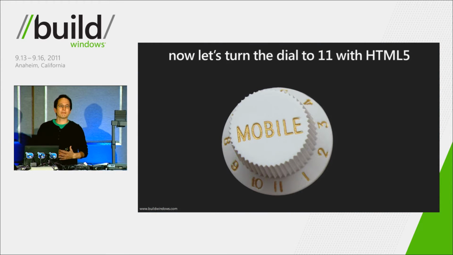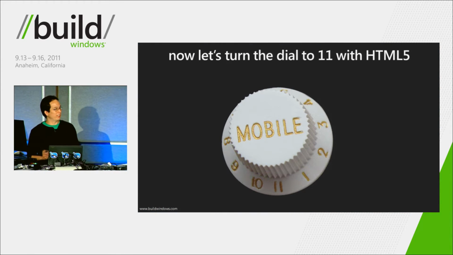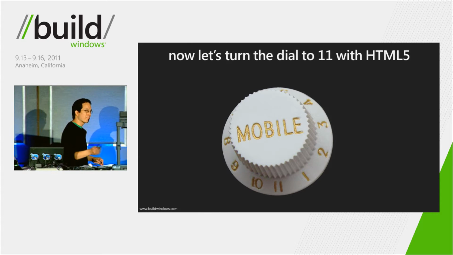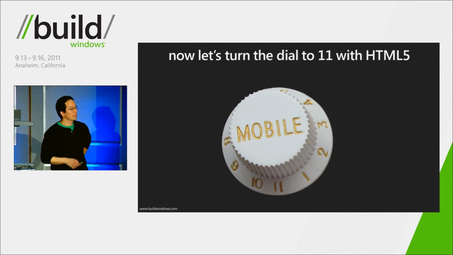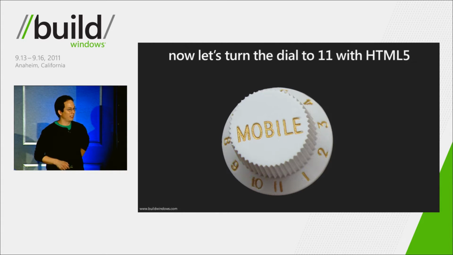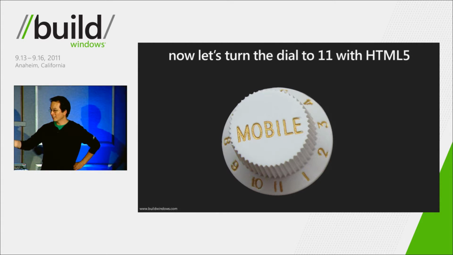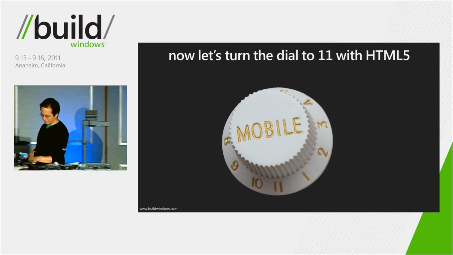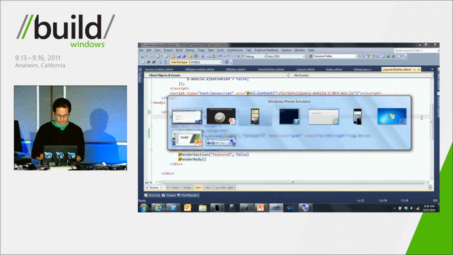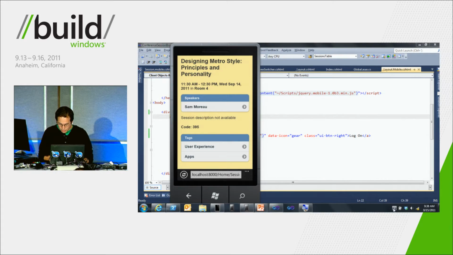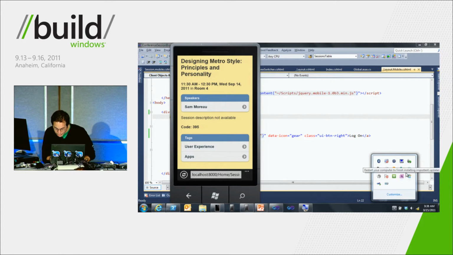But now we want to turn the dial to 11 on this. There's something that my mobile app can't do that your native application can do, and that is work offline. For example, if I disconnect the internet here, let's see what happens. So I'm going to kill this web server.